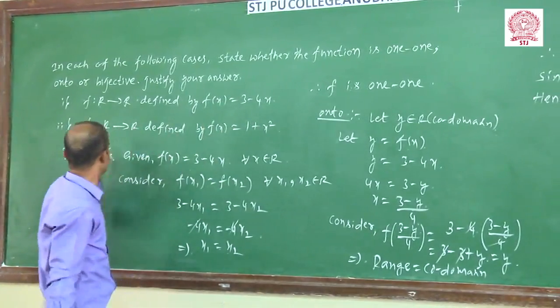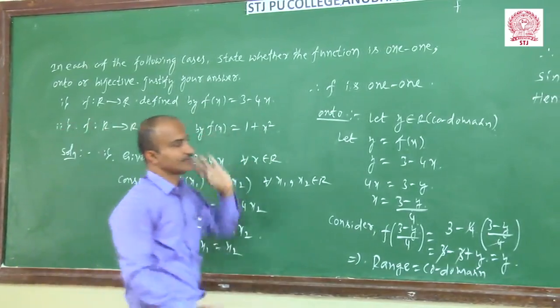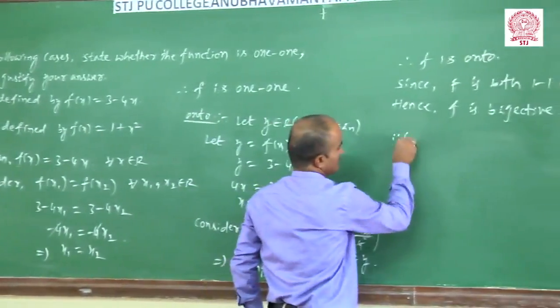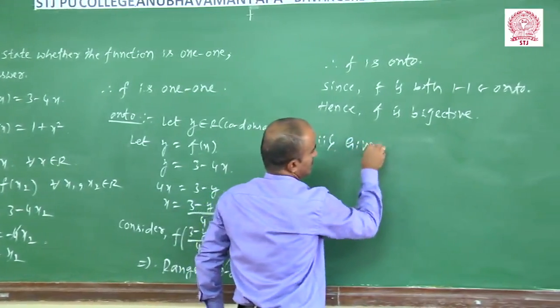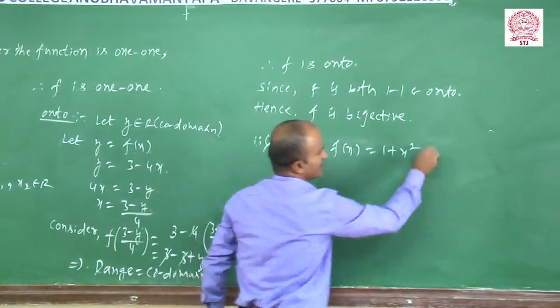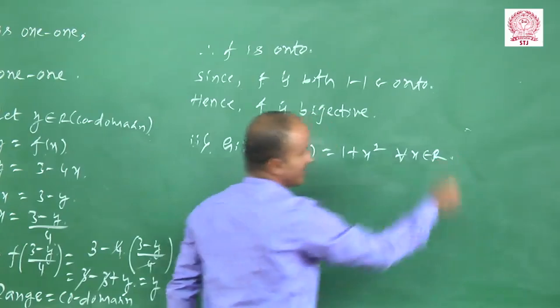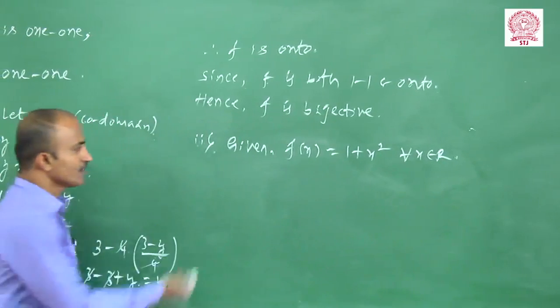Now the second sum, f is a function from R to R, where f of x is 1 plus x square. Given f of x equals 1 plus x square for all x belongs to R, the domain set of real numbers.